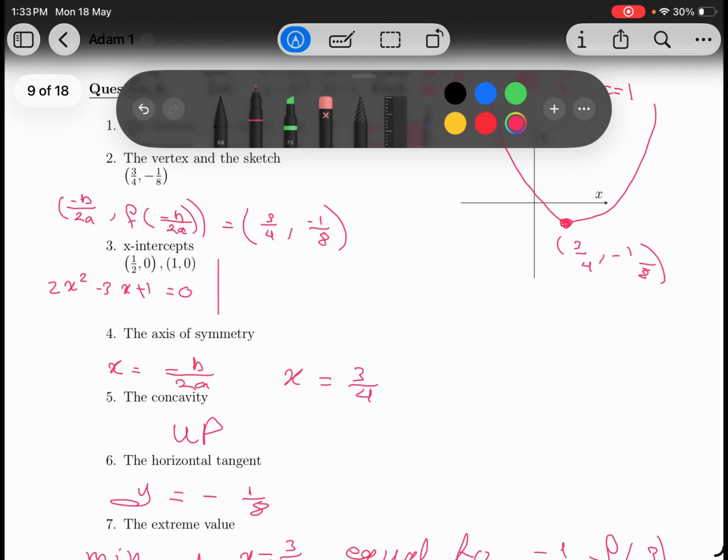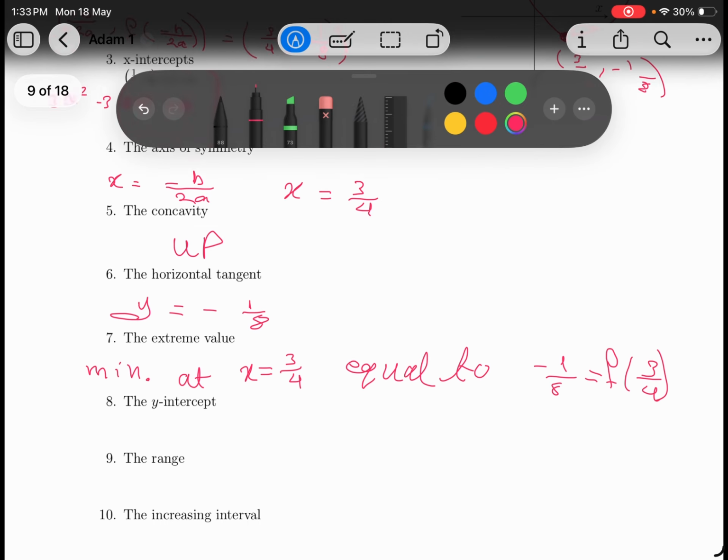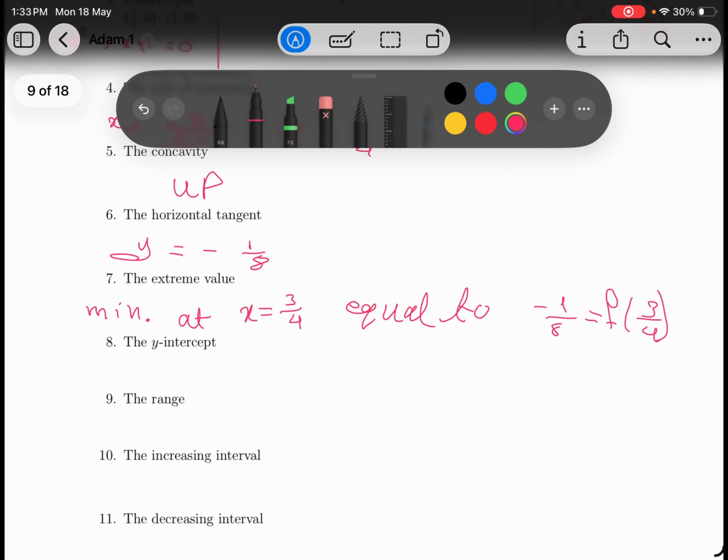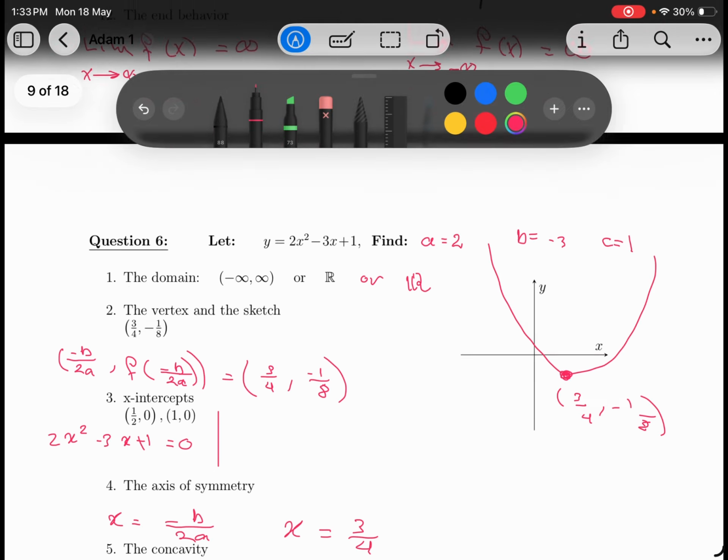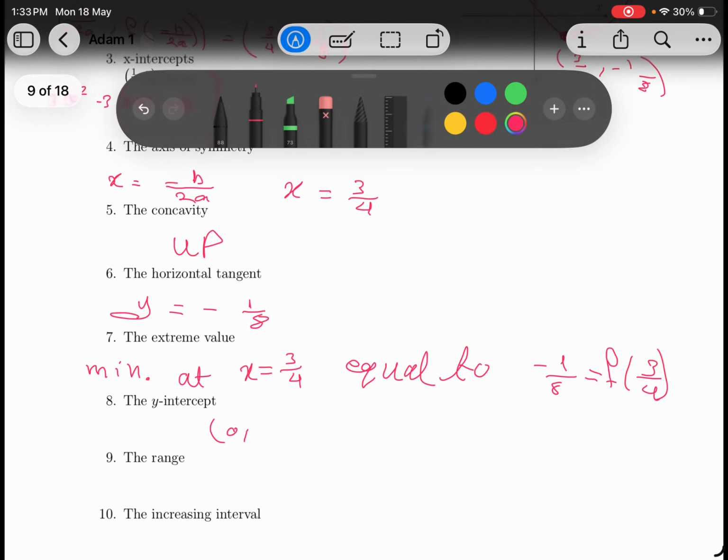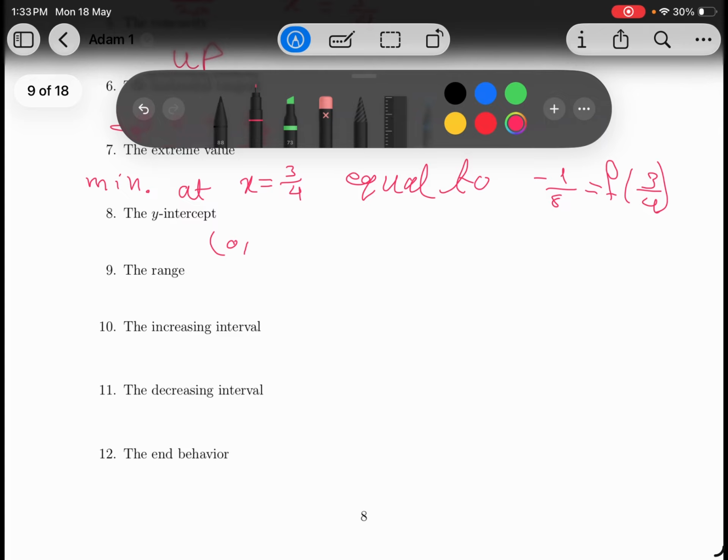So we have to distinguish between the minimum value, -1 over 8, which occurs at x equals 3 over 4. Hopefully this is clear. And here, guys, the y-intercept is 0 with c. And what is c here? c here is 1, so 0, 1 is the y-intercept for this function.